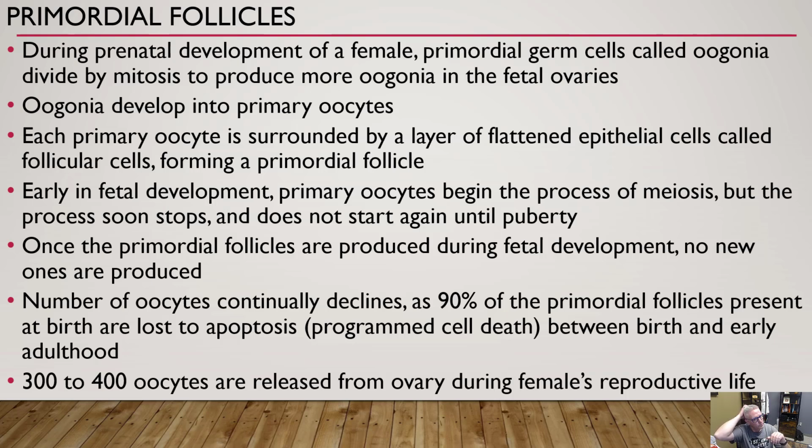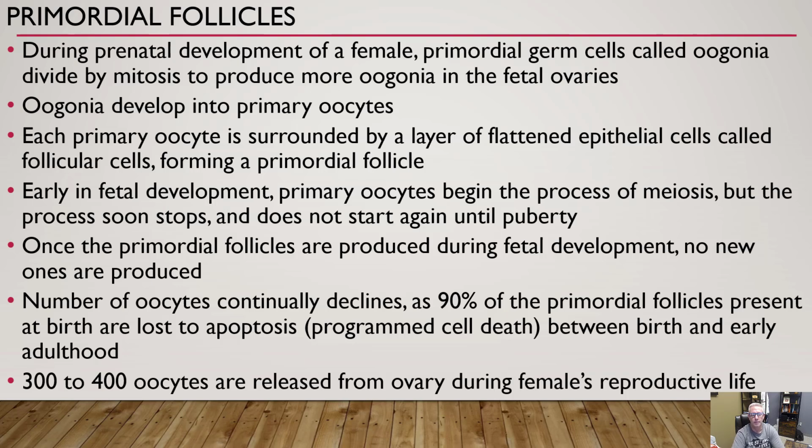So you're going to release about 300 to 400 eggs, or oocytes, during a female's lifetime, and all of those are made during fetal development. But at some point in fetal development, the development of those eggs stops, and then it'll pick up again in puberty.